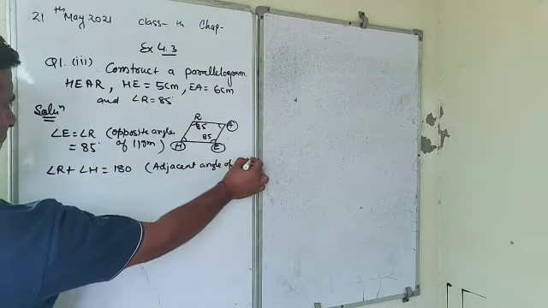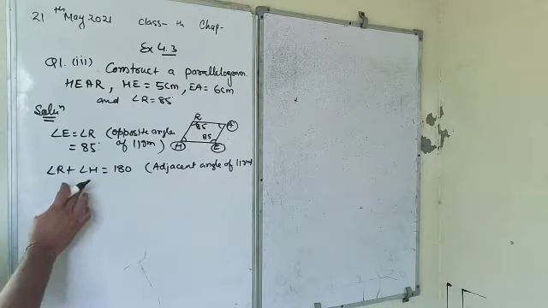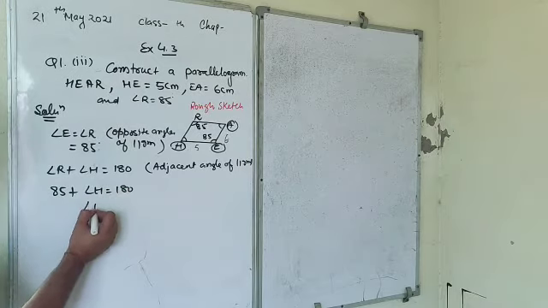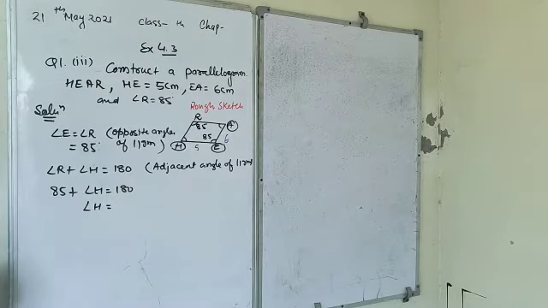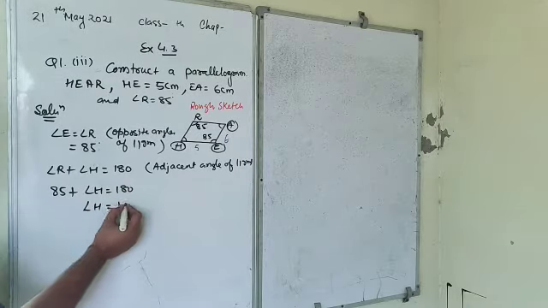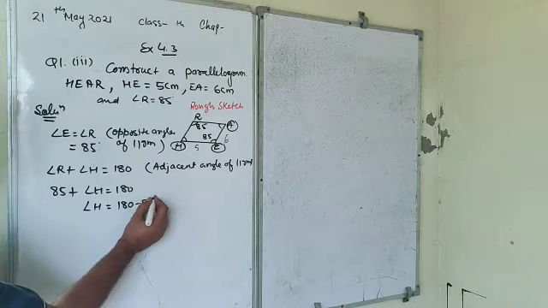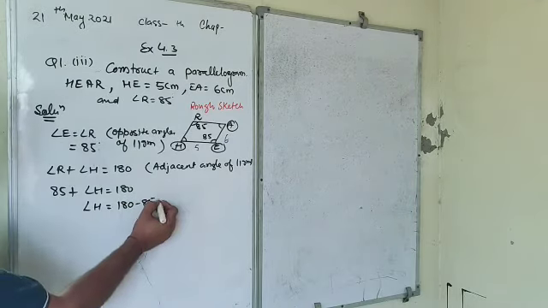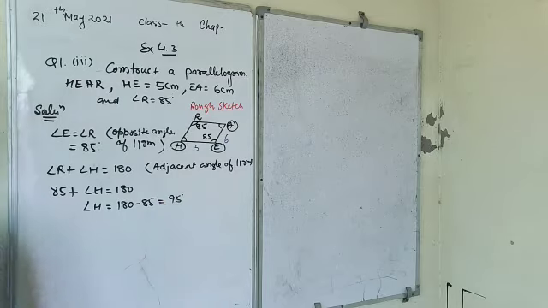of parallelogram. So parallelogram के adjacent angles 180 degree के होते हैं, तो angle R 85 है. So we can find angle H will be equal to 180 minus 85. When we transpose 85 to the right hand side, 180 minus 85, it is equal to 95.